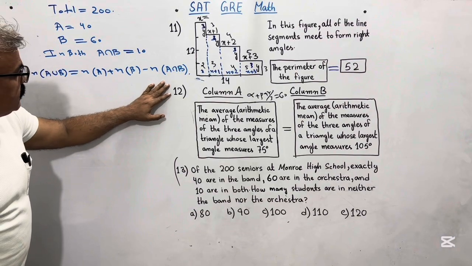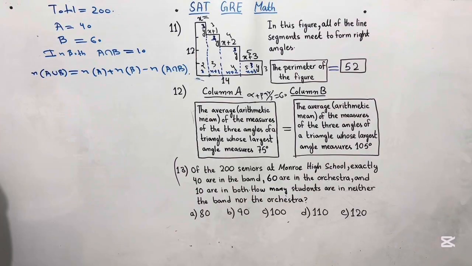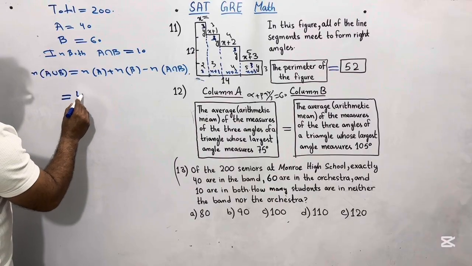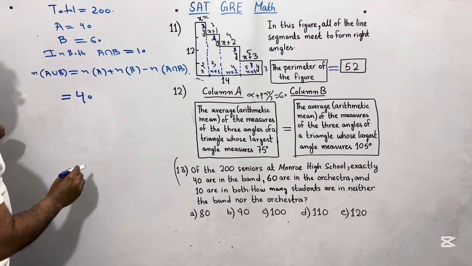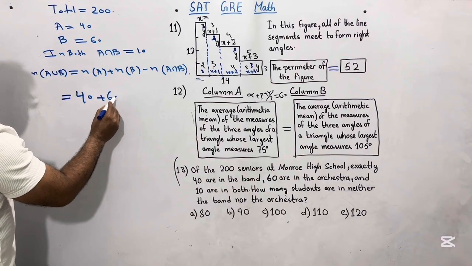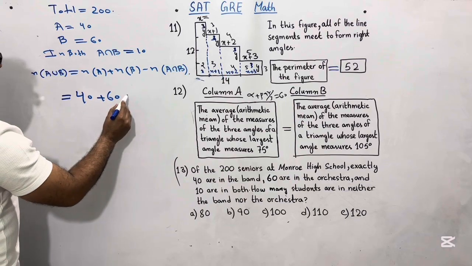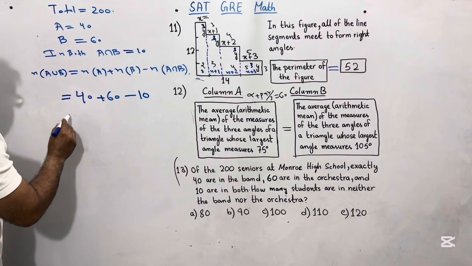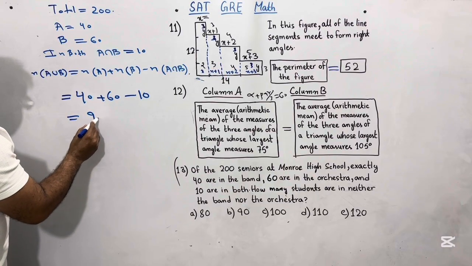This formula works for all kinds of two sets. Here, number of elements in A, they are 40 members in the band, while 60 in the orchestra, 10 in both orchestra and band. It will become 90.